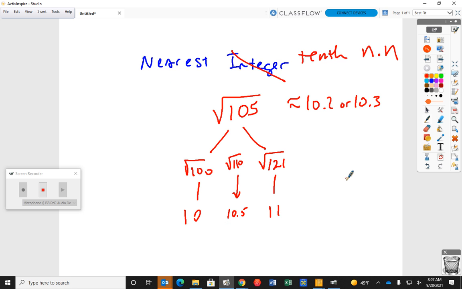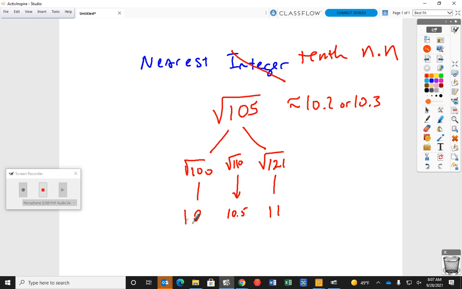So you can go like 0.25, because it's the tenth. So you could just say 10.2 or 10.3. Technically, if it was 10.25, it would round to 10.3. But either one of those would be okay.